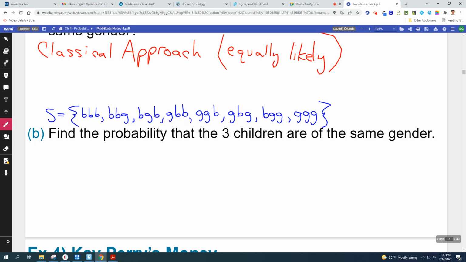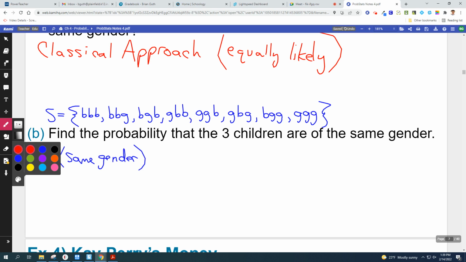So just think about probability as being part over total. The part that I'm looking at, same gender, right? Probability of same gender. So they're talking about either 3 boys or 3 girls. And so this is part over total.